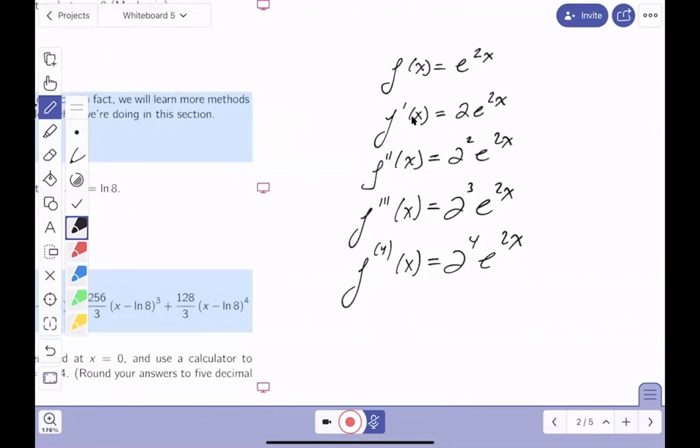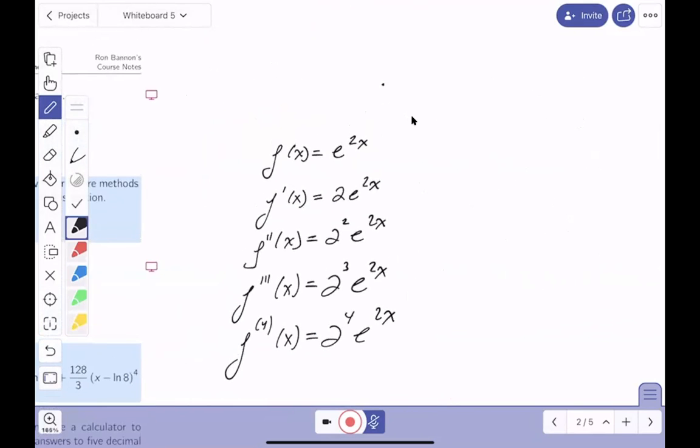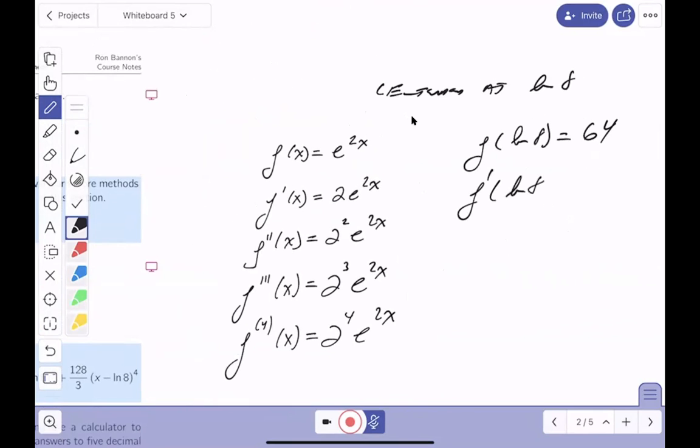What do they want me to do? T4. I'm good to go. Centered at ln 8. Wow, centered at ln 8. All right, let's write down. F of ln 8, 64. F prime ln 8, 128.